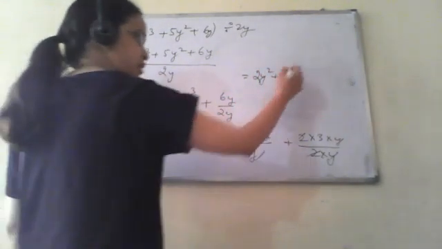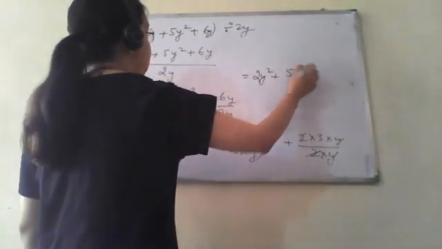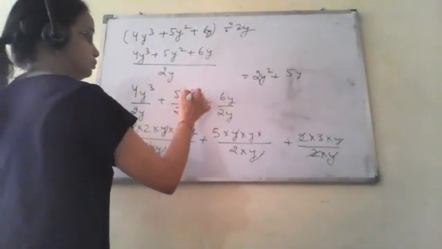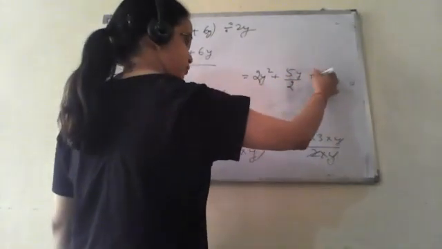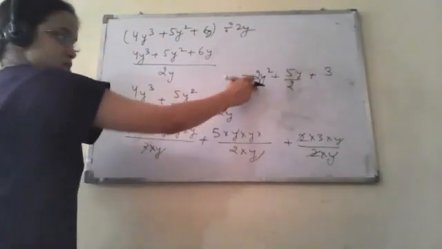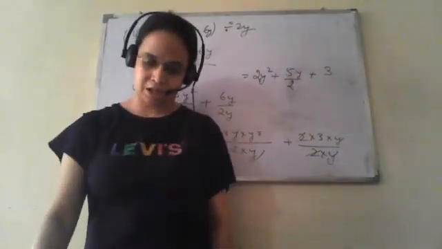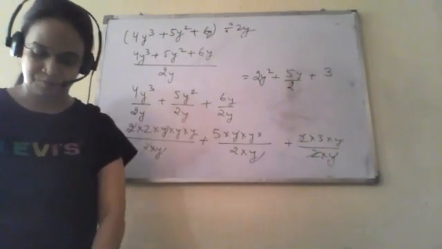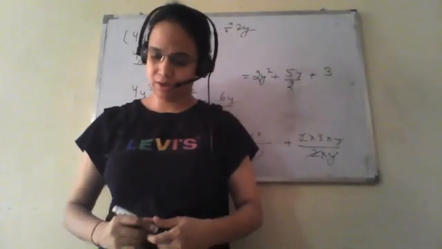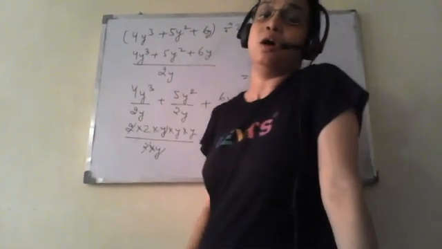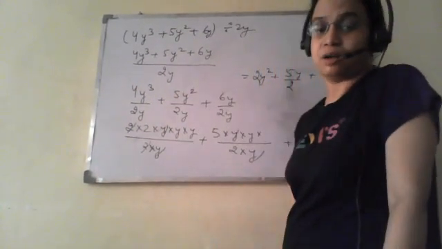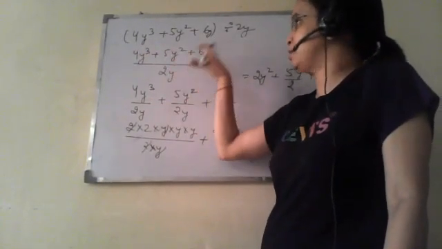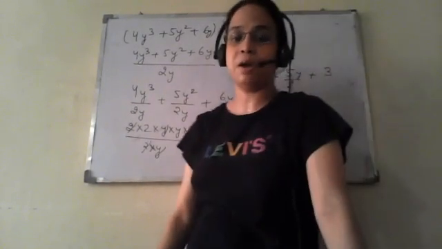Here it is 5y upon 2, and here we are left with 3. So this answer is the same as we got in the last case. I hope this is clear to you all how we are going to divide. You can use either method: taking out the common factors, or directly dividing the terms by the divisor individually.